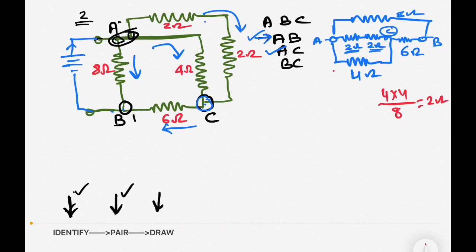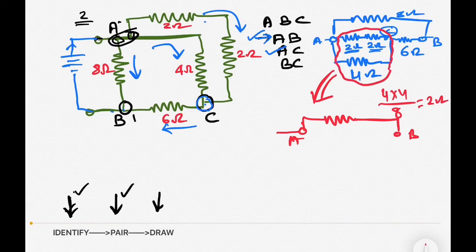So now I can redraw this circuit again. This is A, and I will keep the 8 ohm as it is. This is my B, and this particular part of the circuit becomes 2 ohm, what we have calculated. So 2 ohm in between A and C, right?